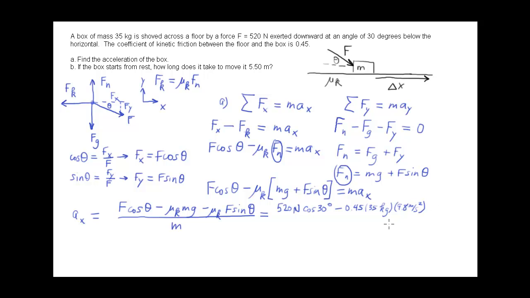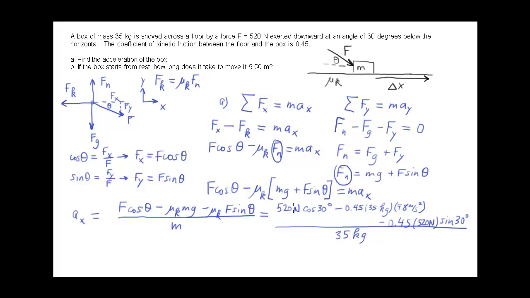And then we've got one more term in the numerator, minus 0.45, once again, times the force F, 520 newtons, times the sine of 30 degrees. So all of that's in the numerator. The denominator then just has the mass, which is the 35 kilograms.